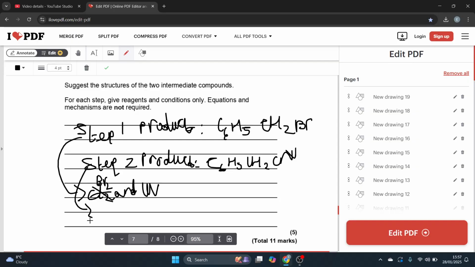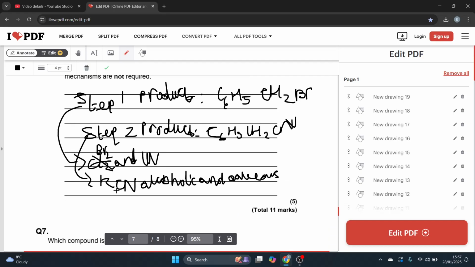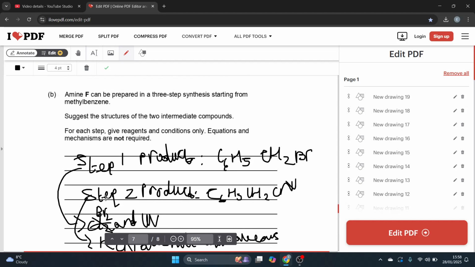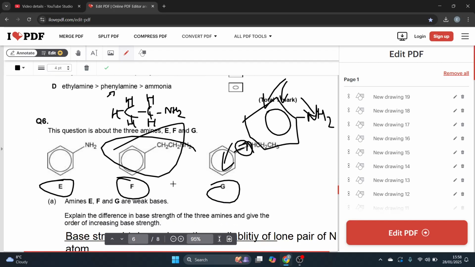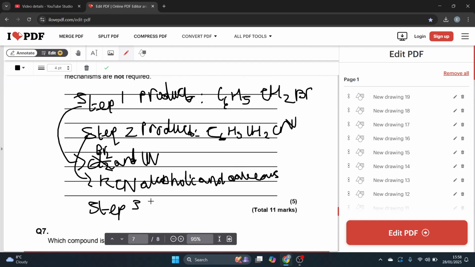Step 2, KCN, alcoholic and aqueous. And then step 3, in order to get the amine, I'm going to need hydrogen with nickel.